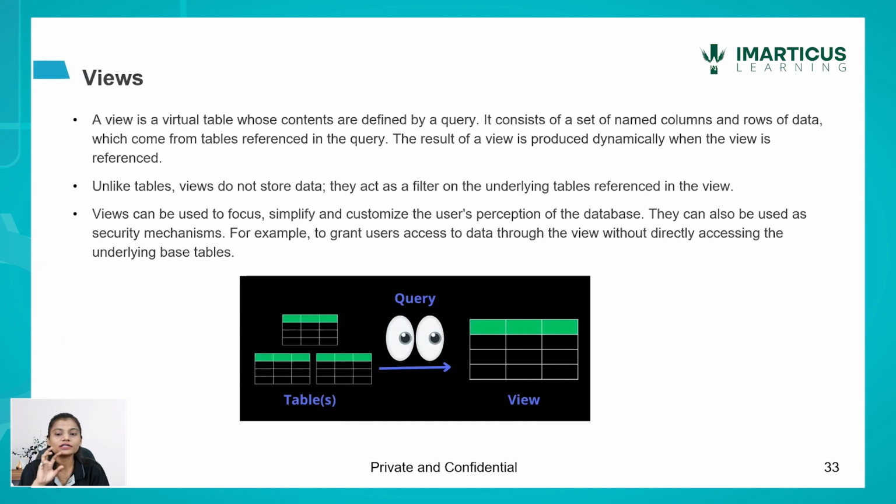So it will be defined what contents or what amount of data is to be shared with the individual in the form of a view. As I've said, a view is nothing but a virtual table. It's logically available to me, not physically available. So it consists of a set of named columns. As I said, I have n number of details related to the employees.